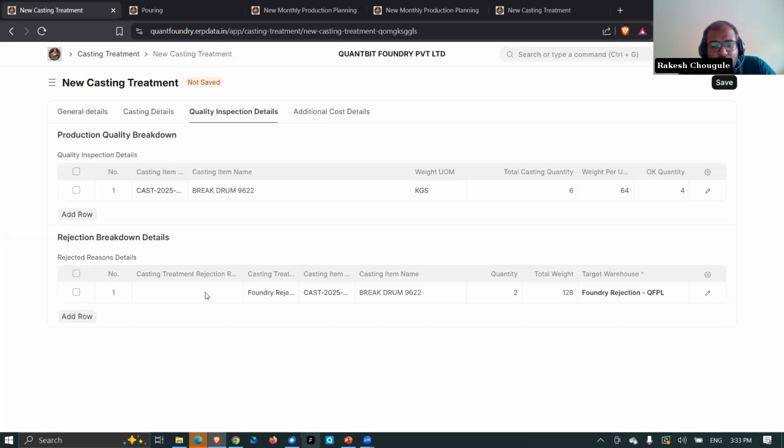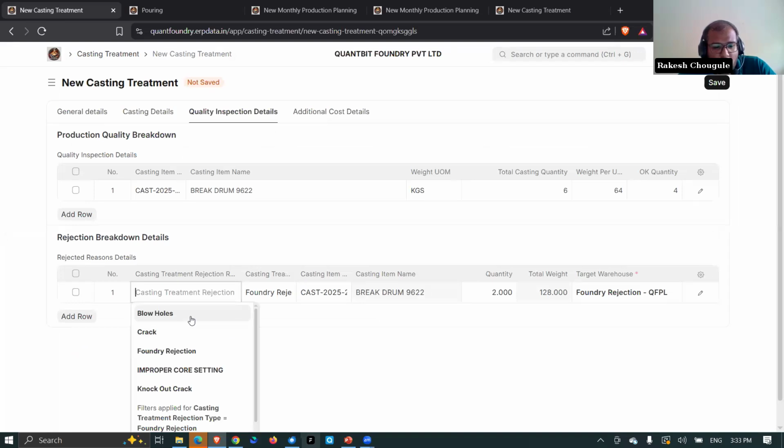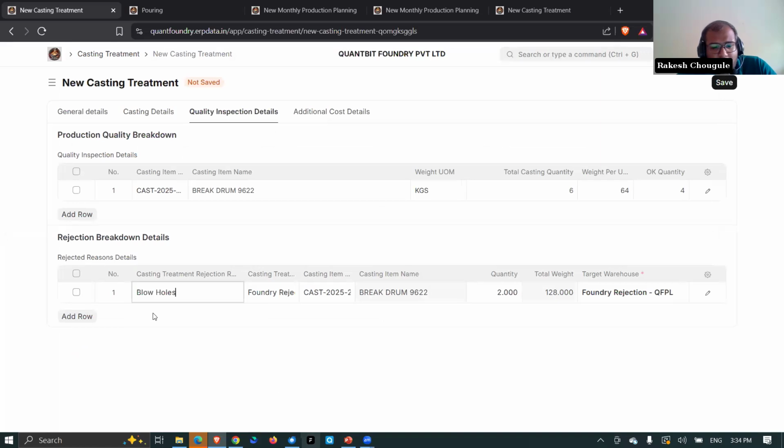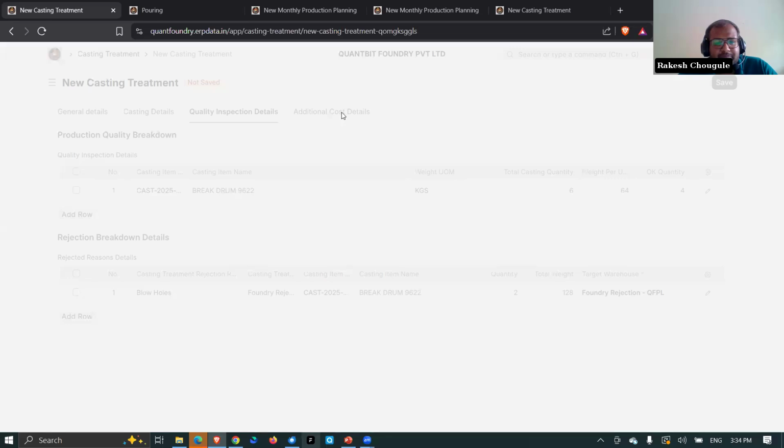So the user has to update the reasons for that particular rejection, whether it is a blow hole, a crack, or any kind of rejection. So I'm adding it here, and there will be a foundry rejection location. So we will track rejections accordingly as per casting and tonnage. Okay. Now I will save it.